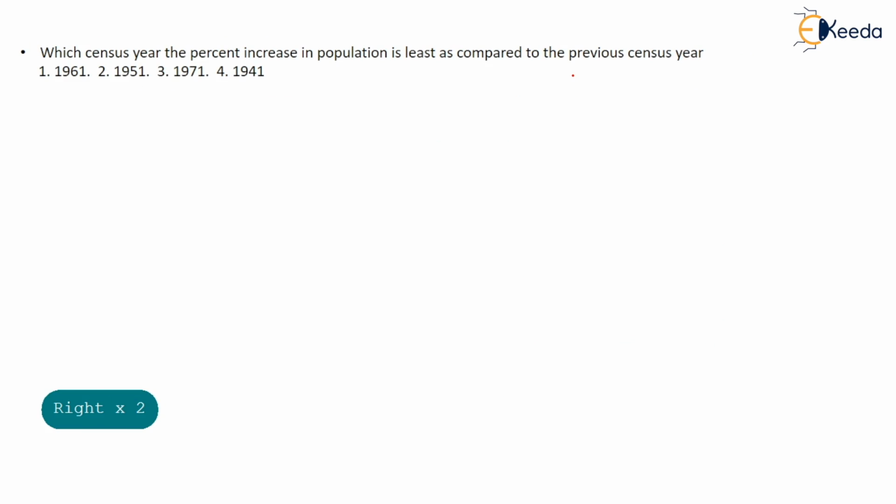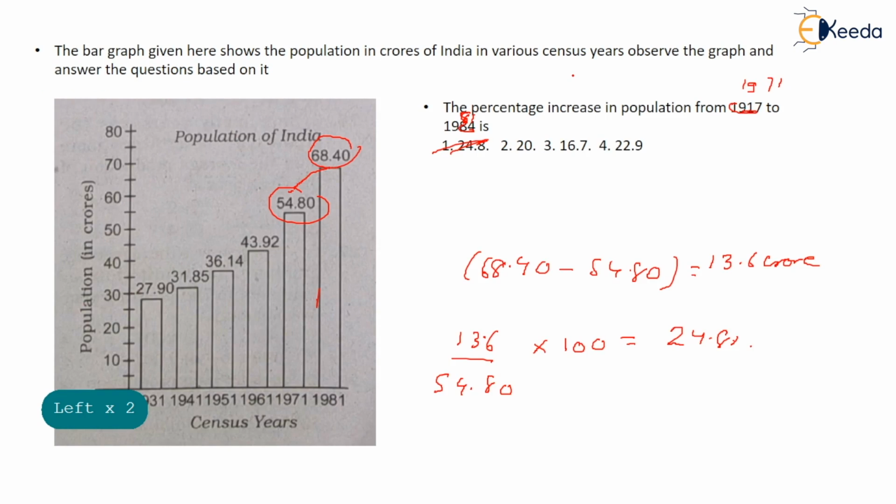Now the next question is, in which year is the increase in population least as compared to the previous census? So you can see from this, 27.90 and 31.85. Here the percentage increase is very less as compared to this. Here it is an increase of at least 5.5.